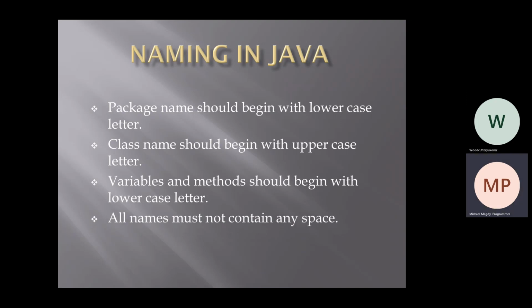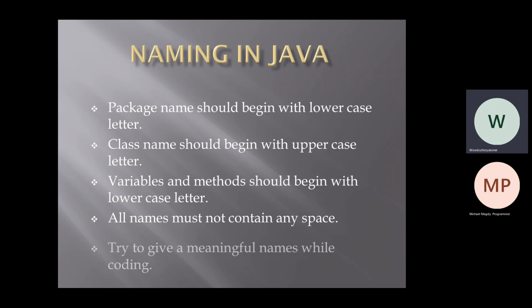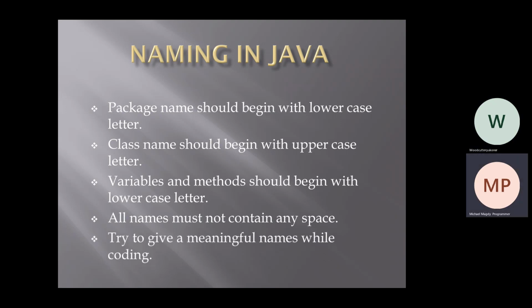Okay, we already mentioned that all names must not contain any spaces. Also, try to give meaningful names while coding, because this will help you read and understand the Java code.